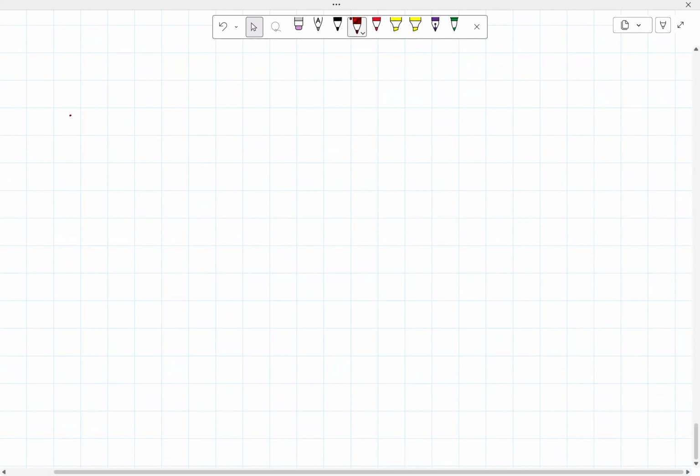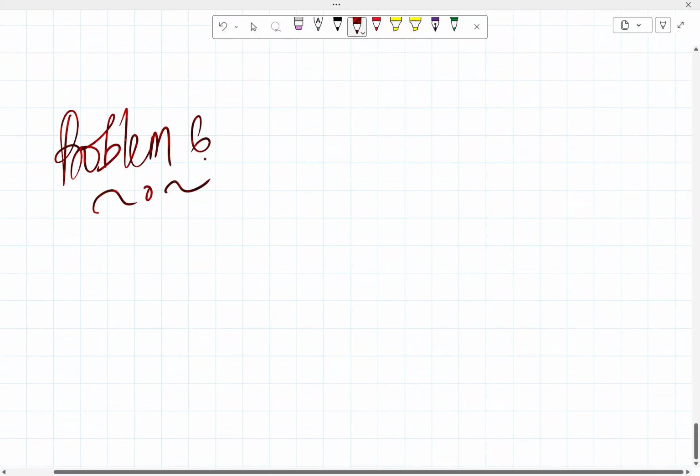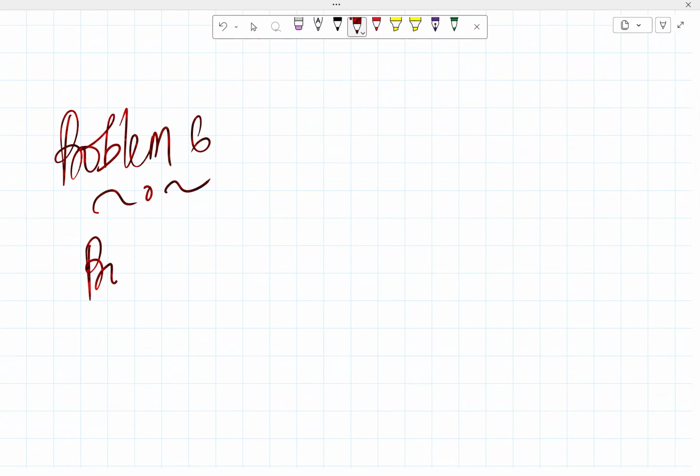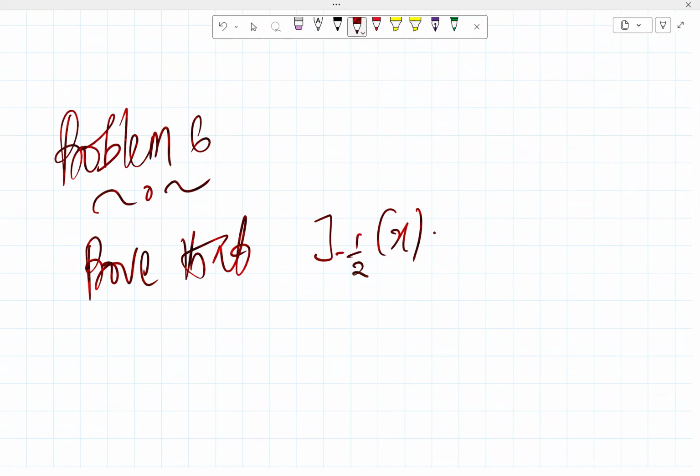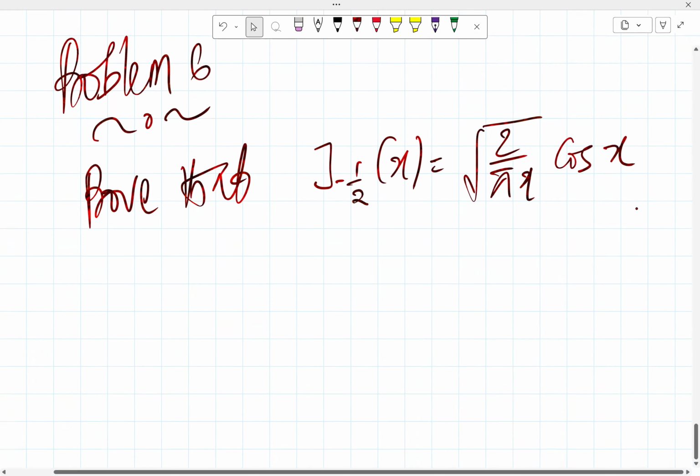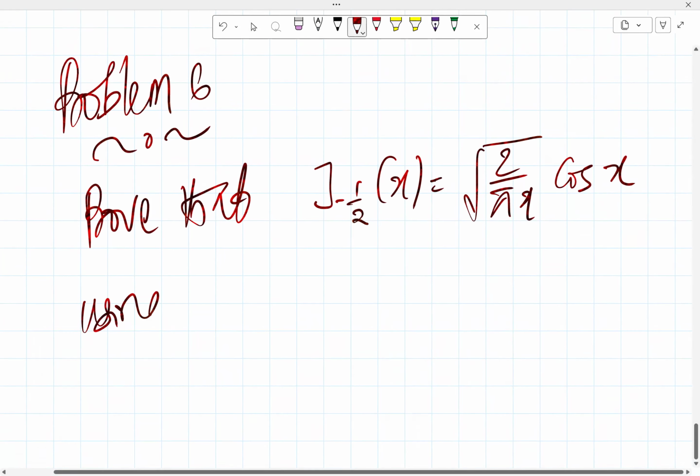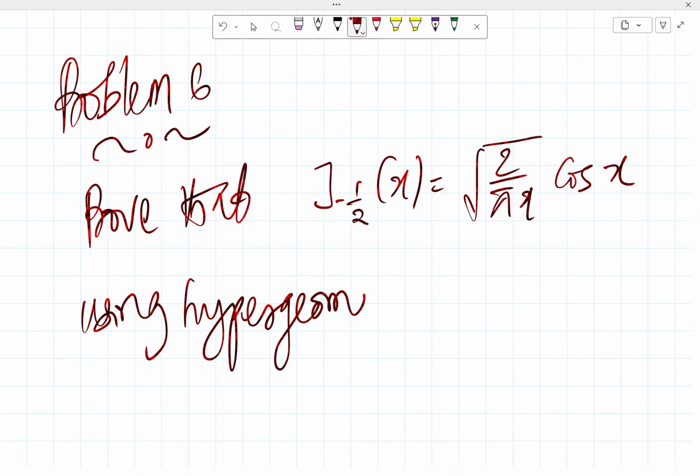So problem 6. We want to prove that J minus half of x is equal to the square root of 2 over pi x cos x using hypergeometric or gamma function identities.